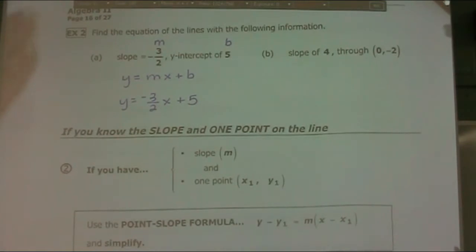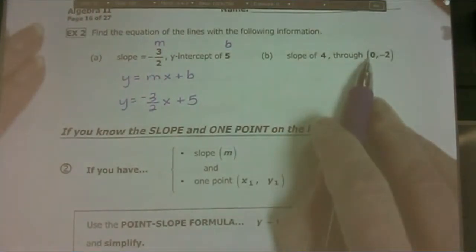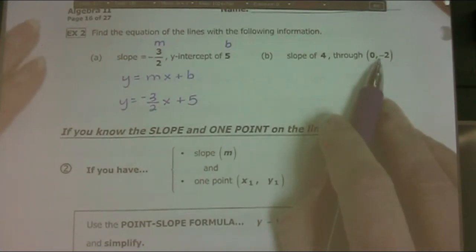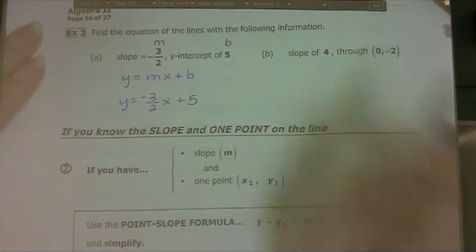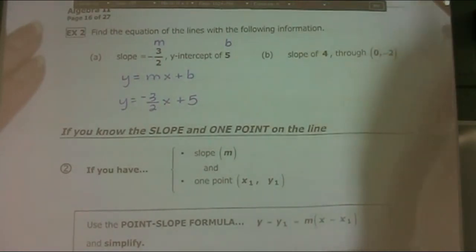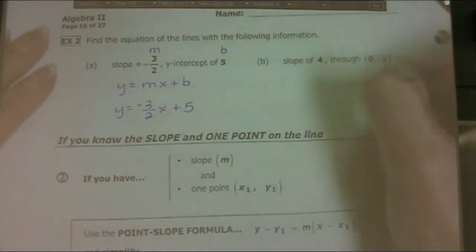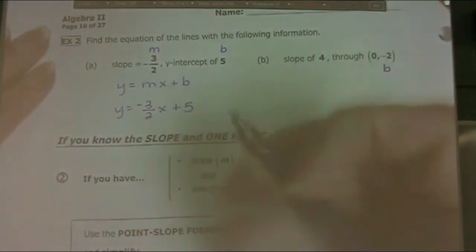Example B, we have a slope of 4, and it goes through the point (0, -2). It happens that if we have a 0 in the x position, this is the y-intercept. All right, so the y-intercept is (0, -2), and that means the -2 is our b.